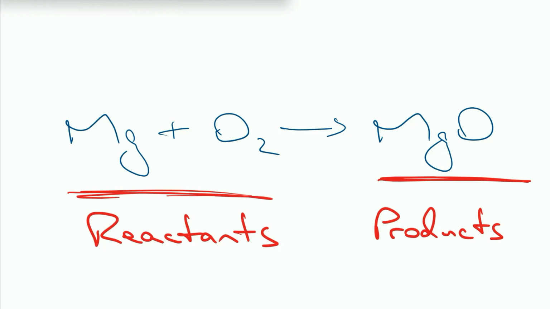If we're just looking at the magnesium ribbon first off, describe it. Well, it's a shiny silver metal. The oxygen, let's describe that. Well, that's a colorless, odorless gas, right? You couldn't see it, couldn't smell it, it's a gas. And then we form this magnesium oxide, this white powder. So products often have very different physical properties than the elements that went into making up those compounds.